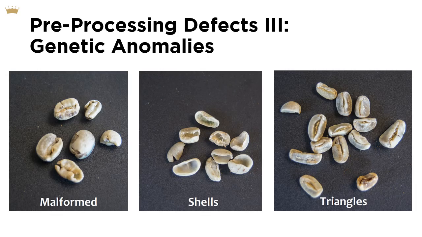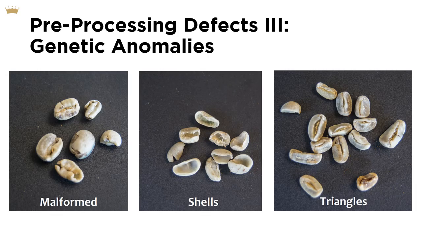And so these shells can present problems for the roaster due to their low density and their propensity to break or separate during hulling. Like triangular seeds, they tend to roast more rapidly than their properly developed counterparts and can impart some minor off flavors of carbon during the roast. In many cases, properly calibrated density tables and screen sorters at the dry mill can effectively sort out all of these defects.